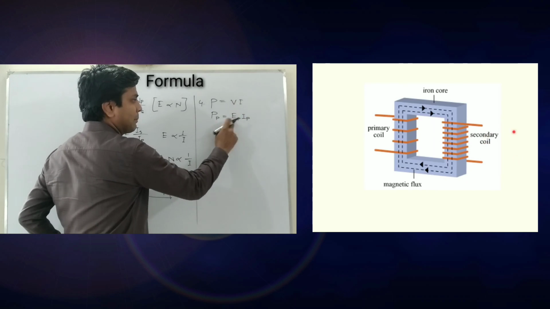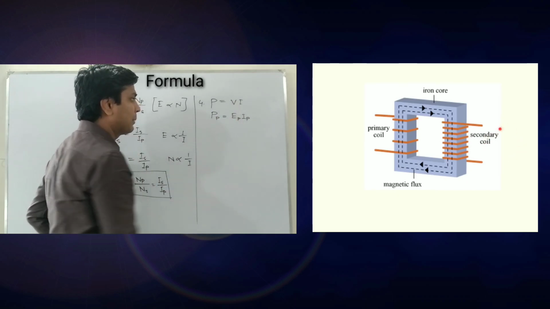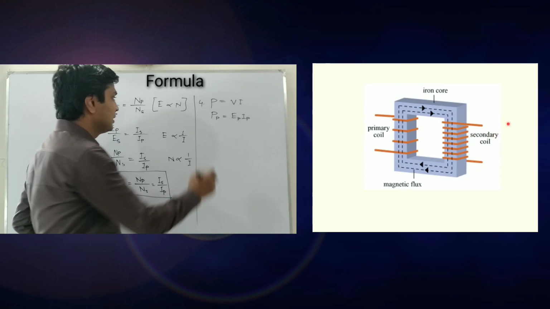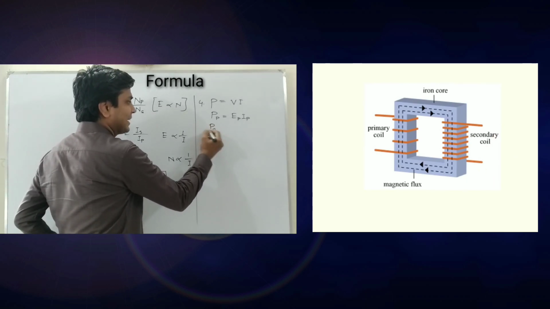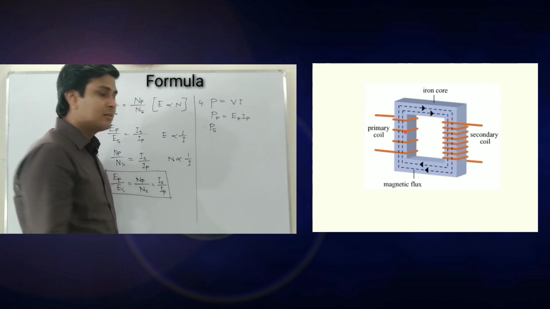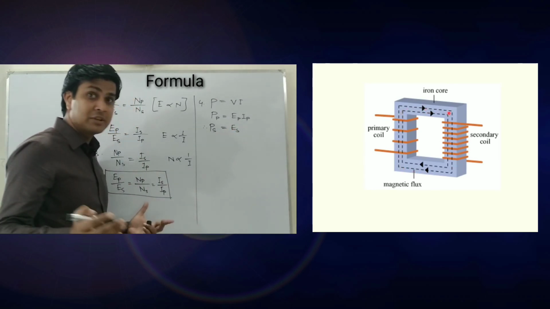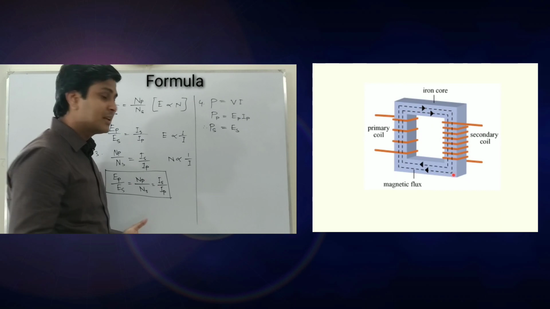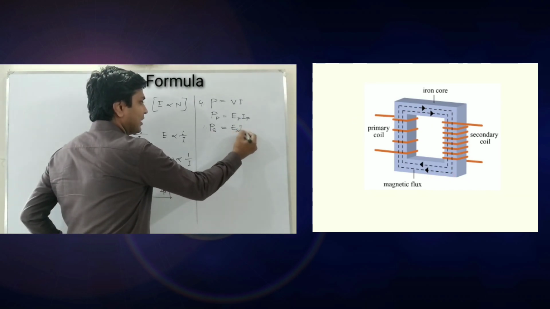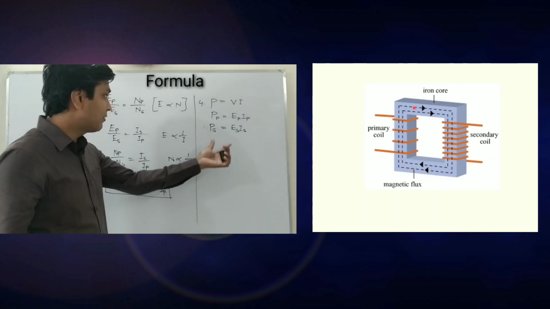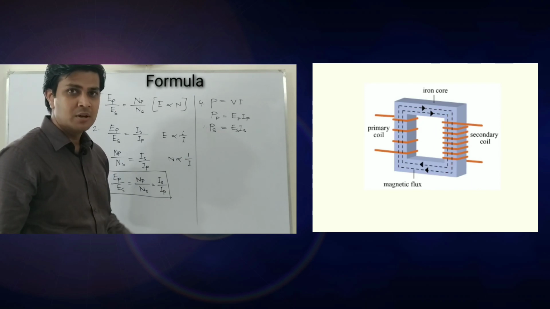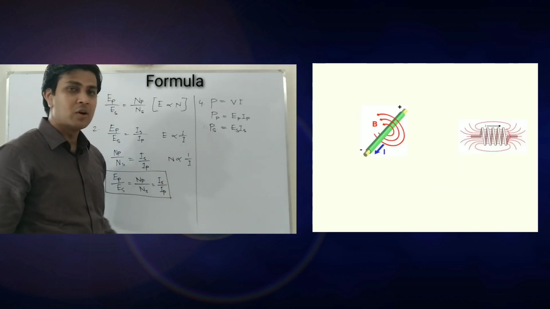That means the voltage of the primary coil is EP and the current of the primary coil is IP. And the power of the secondary coil will be PS equal to ES into IS, the voltage and current of the secondary coil. So that is the formula to calculate the power of the primary coil and secondary coil.